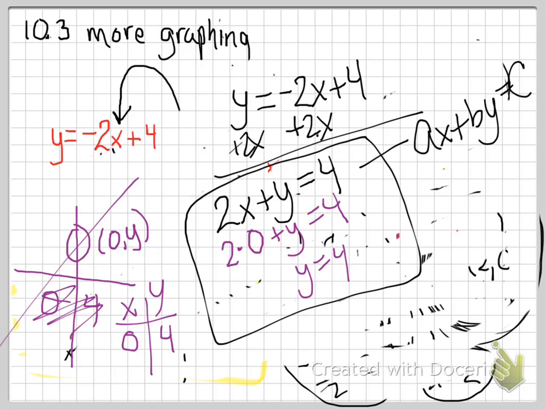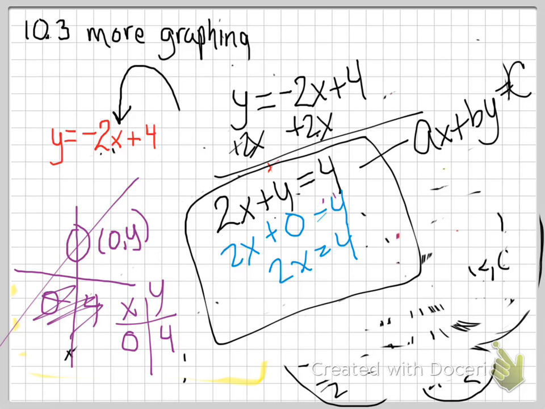Okay, I could reverse and do the same thing for the x-intercept. I know that the y will be 0. So I know it'll be 2x equals 4. Well, think about that. 2 times what equals 4? 2. So I know that it's 2, 0.